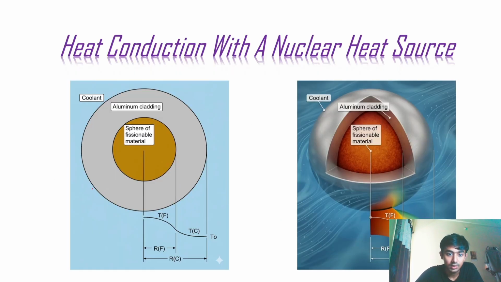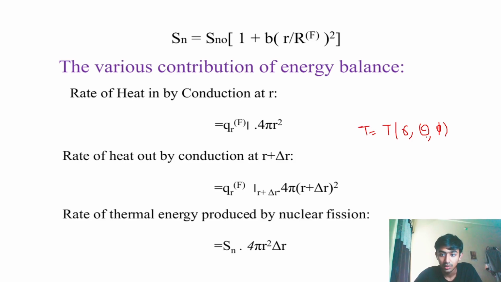Because this is a spherical system, and in a spherical system, if we take a differential cell, it varies with r, theta, and phi. Here r varies, phi goes from 0 to pi, and theta goes from 0 to 2 pi.